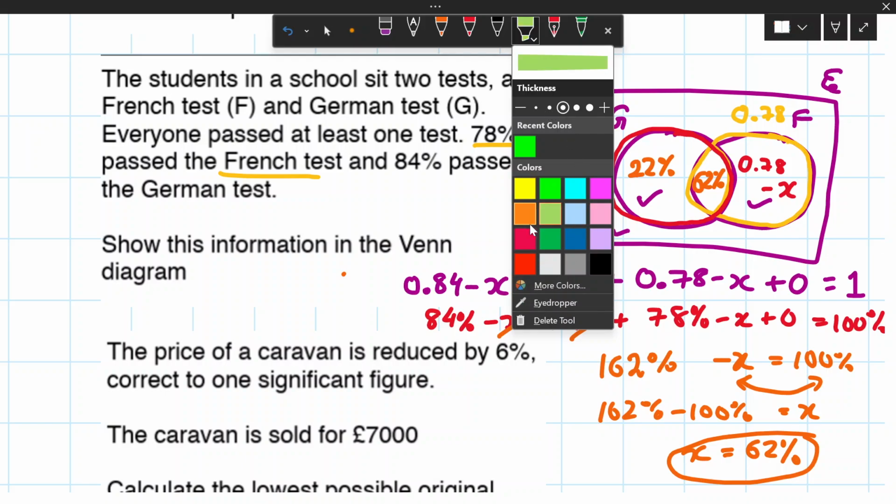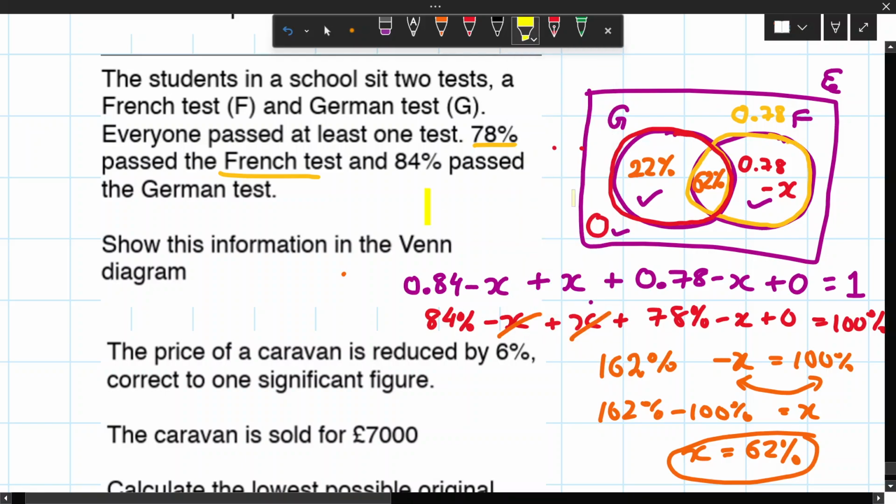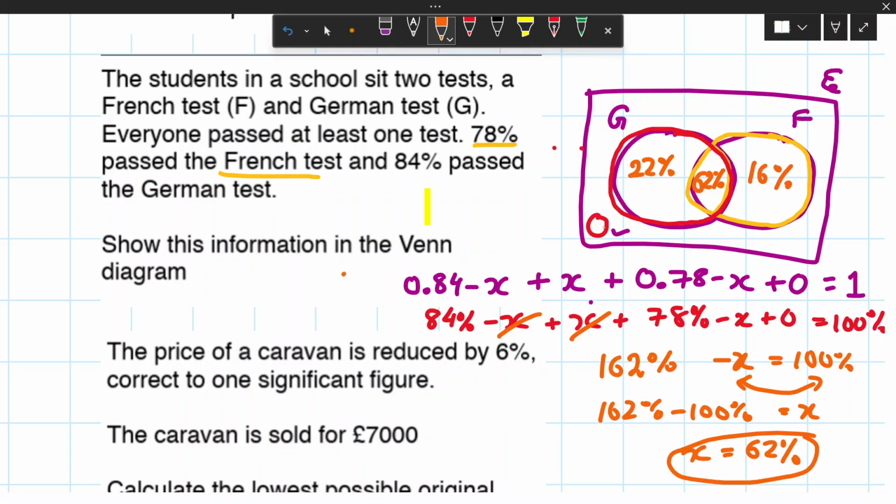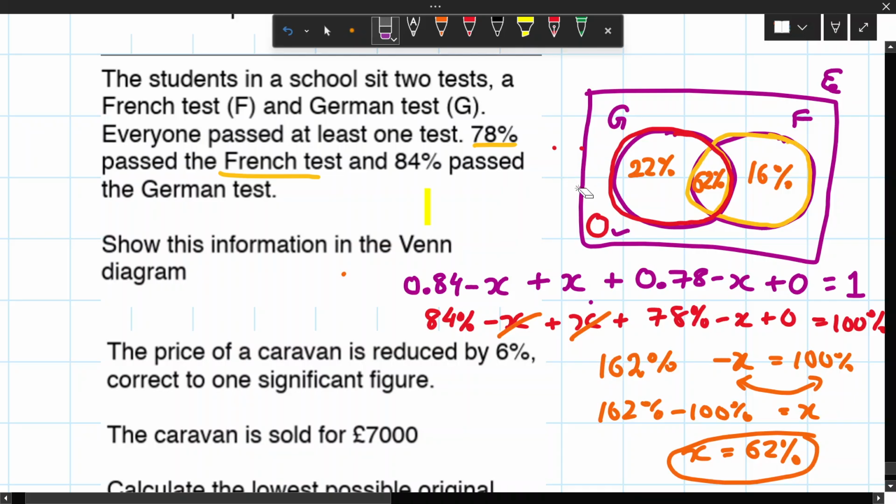Yeah, okay. Right, and then the other bit is 78%. I already have 62 there, so what remains would be 78 take away 62, so that's 16%. So the Venn diagram would look something like that with 0 on the outside.